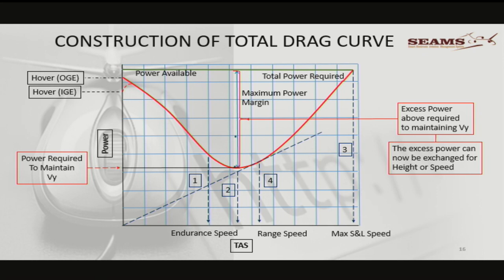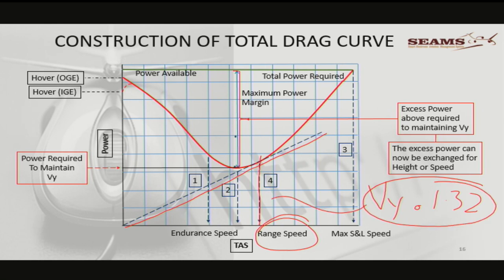Then we have, when you draw this tangent in, you get your range speed, and that speed is roughly, remember we already talked about, Vy times 1.32, and that speed is that speed, and you'll see we use that, and we've used it in the descending that we are saying.